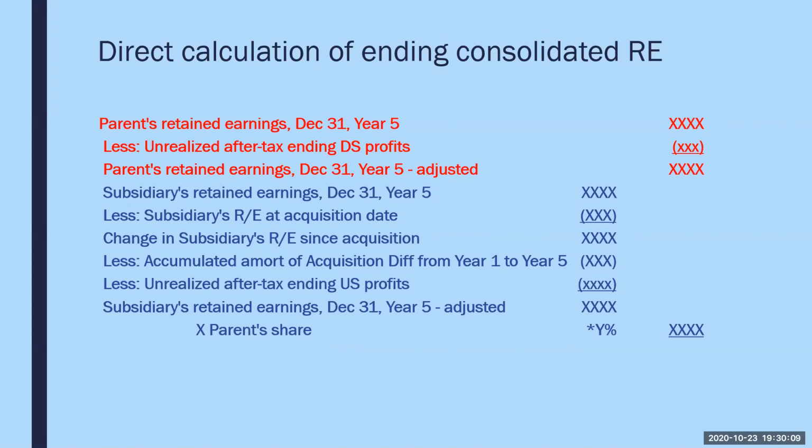Multiply that by the parent company's share, and you get an amount that will be added to the parent company's own adjusted retained earnings to get the consolidated retained earnings on December 31st. So this is a much shorter calculation compared to the one we saw on the earlier slide. For exam purposes, I'd recommend that you do this direct calculation.